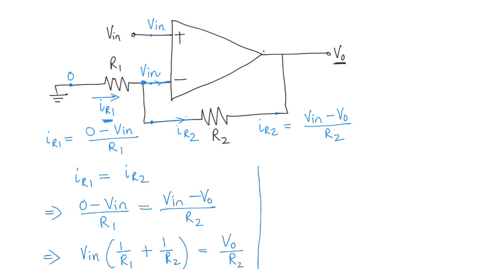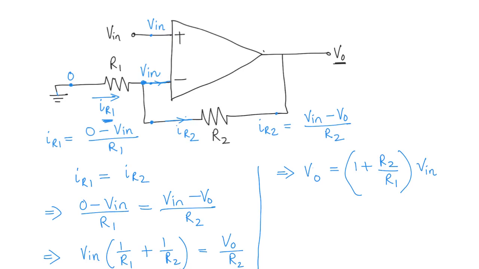And so if we resolve this equation, what do we get? We get V out equal to 1 plus R2 over R1 times V in. I'm sorry, I said V in, this is supposed to be V out.